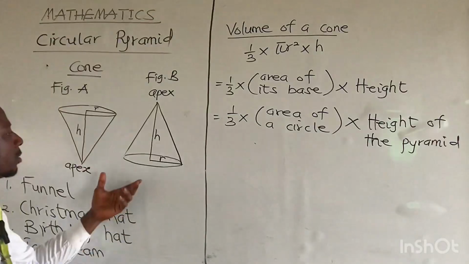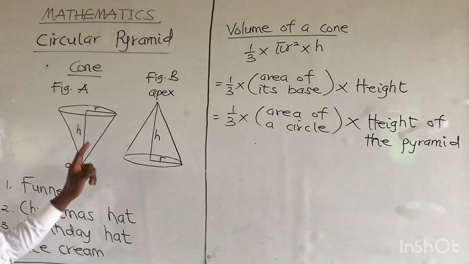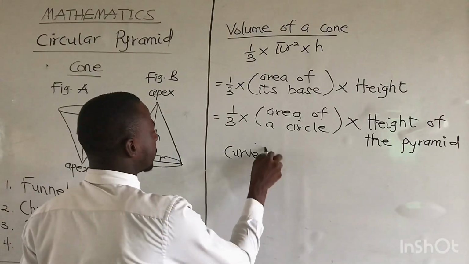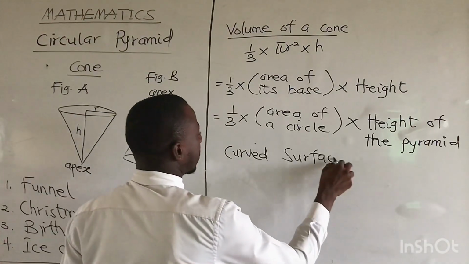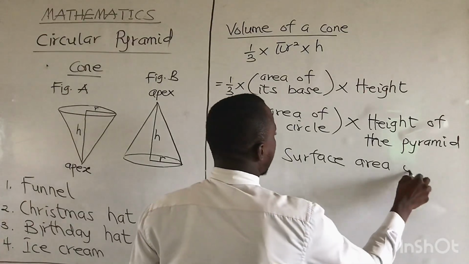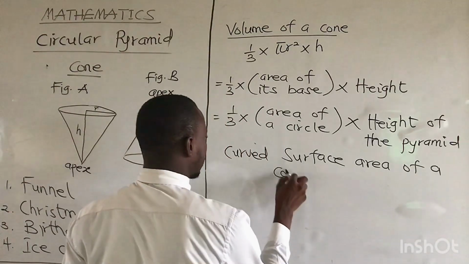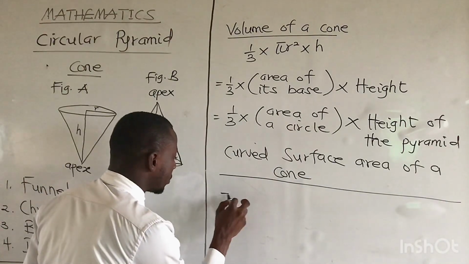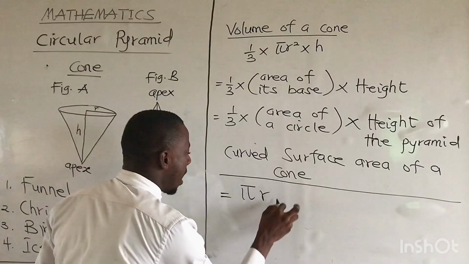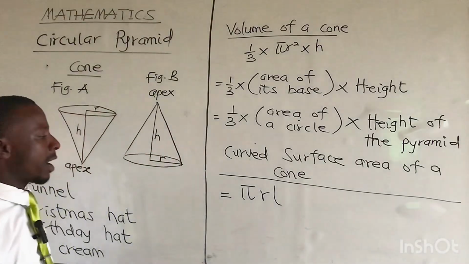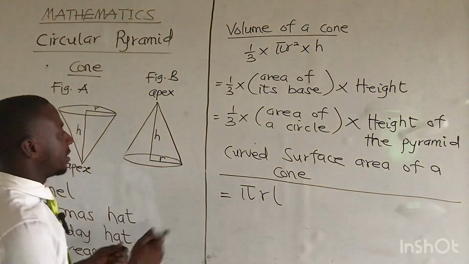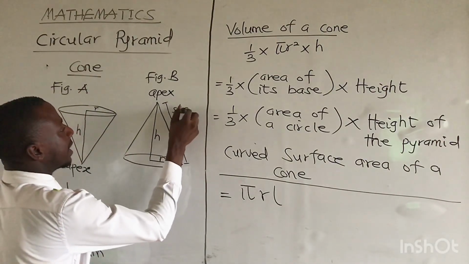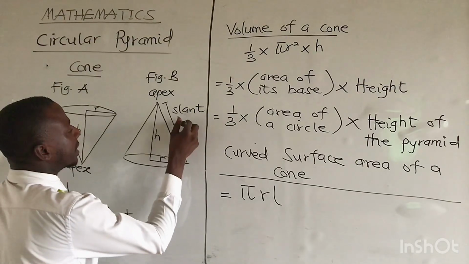All right, so now we are also going to look at the curved surface area of a cone, which is equal to pi r l, where the L here, this side, we call the slant height.